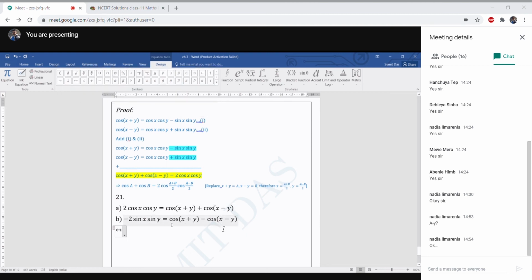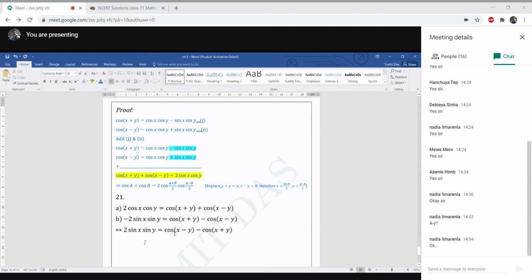Similarly, the question can be asked about the value. Generally this is very important, 2 sin x sin y. This formula is cos(x minus y) minus cos(x plus y).